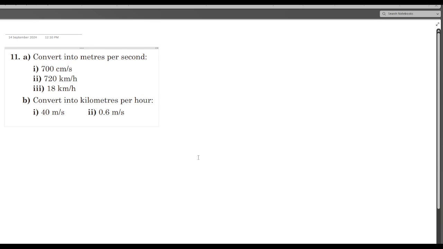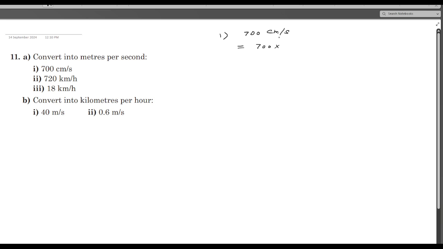Convert into meter per second. So 700 centimeter per second. Now I have to convert this into meter per second. So first, 700 centimeter per second.